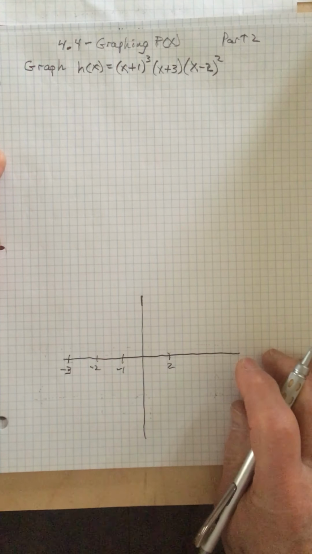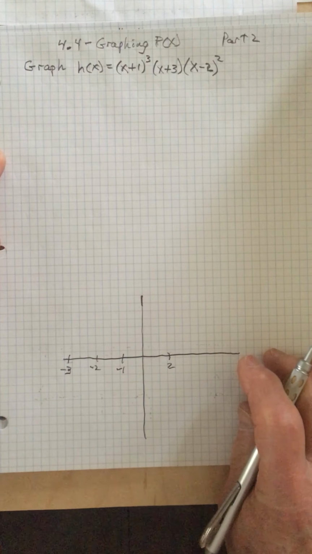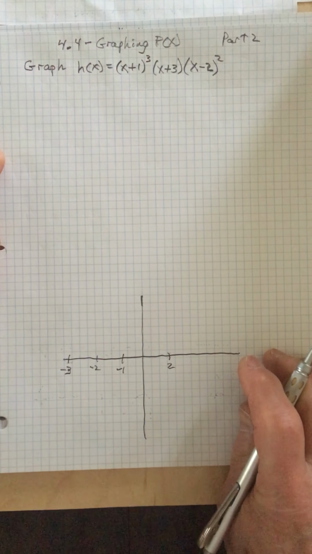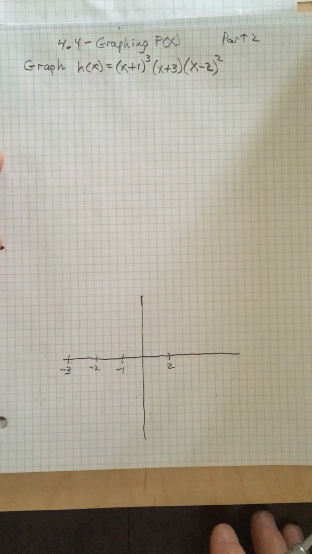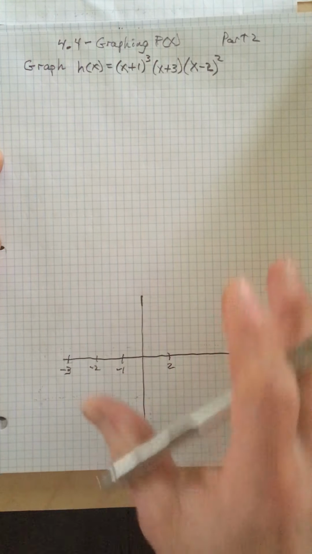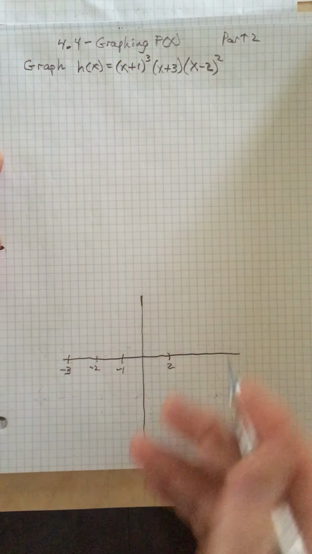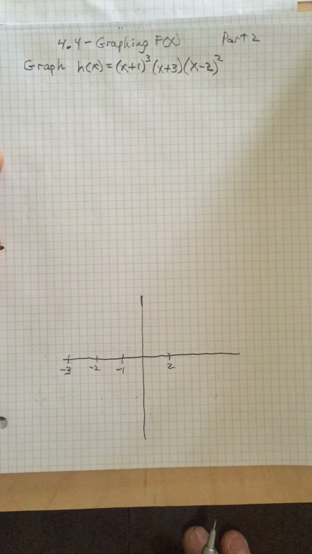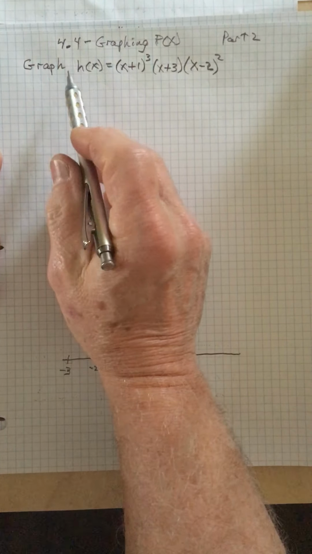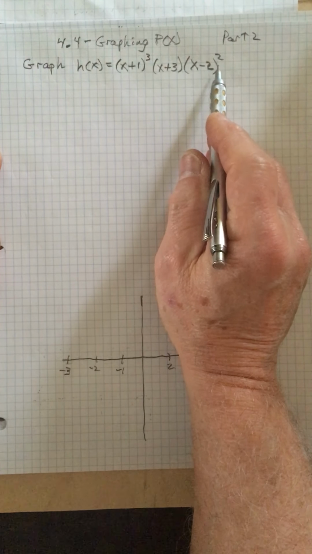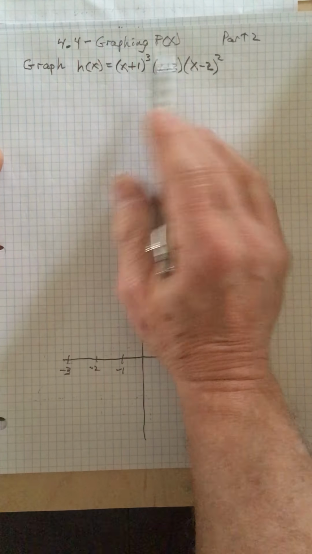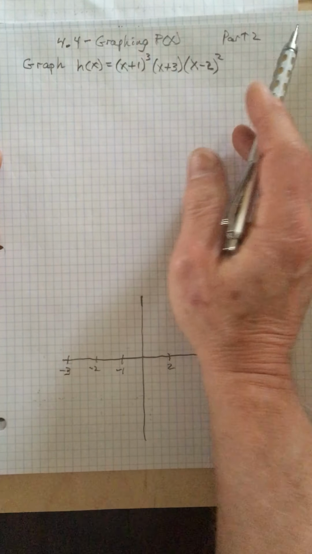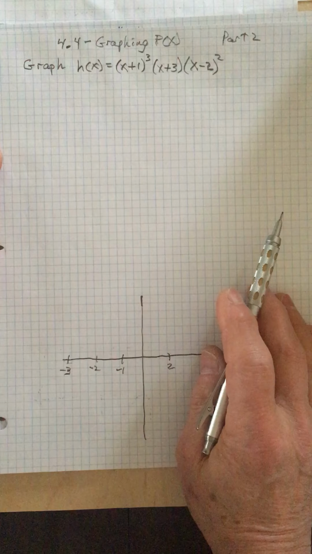Okay, this will wrap up section 4.4, graphing polynomial functions. And basically what we're going to do here is just pull together all the rules and see how it'll help in sketching graphs. So I've got a polynomial function here, already in factored form, which is kind of nice.